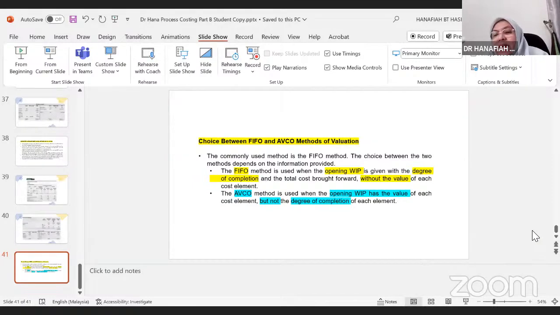Then at the end of the day, you will have the total cost involved in the production, and this will let you decide on how much is your profit that you want, or how much is your selling price that you want to set.